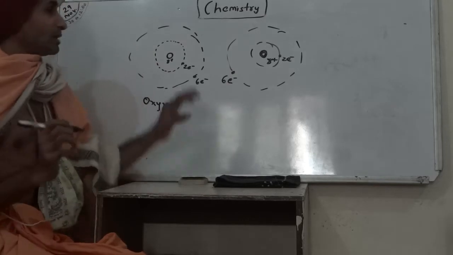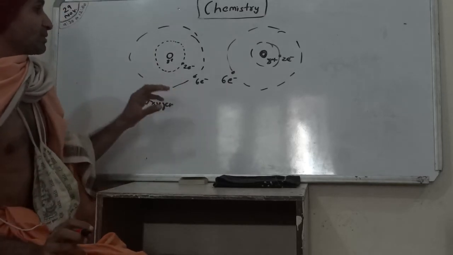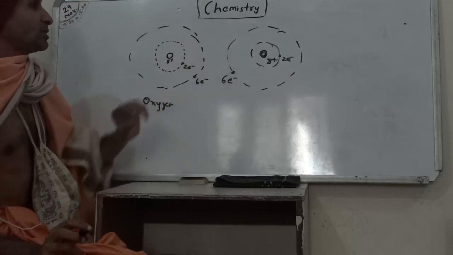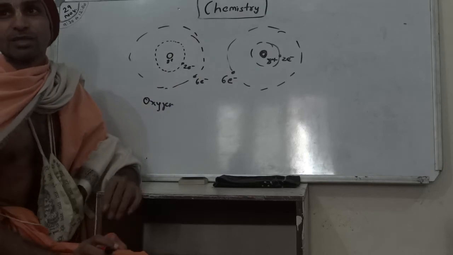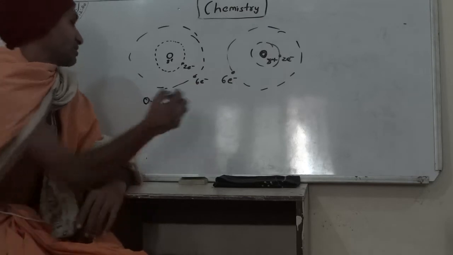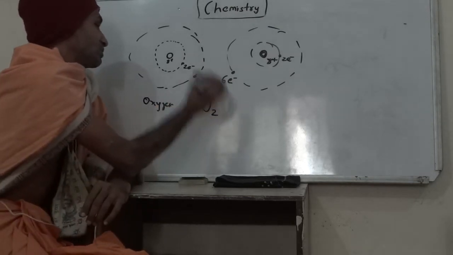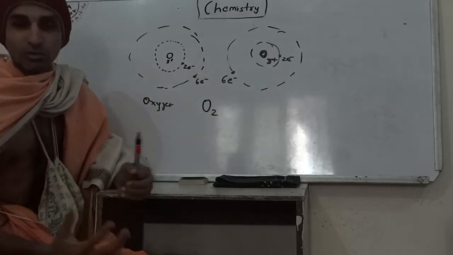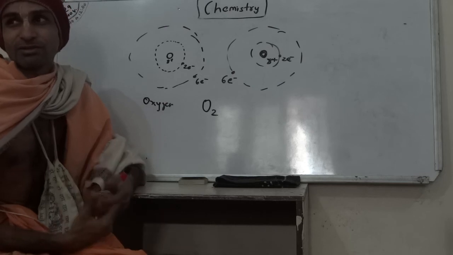What oxygen does is it shares 2 electrons. It shares its electrons and makes O2. Two oxygen atoms share the electrons.